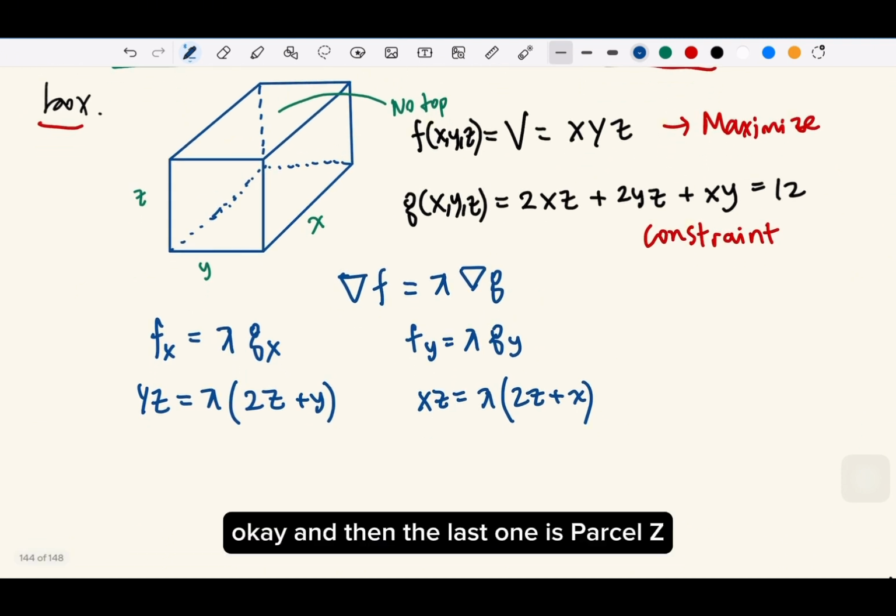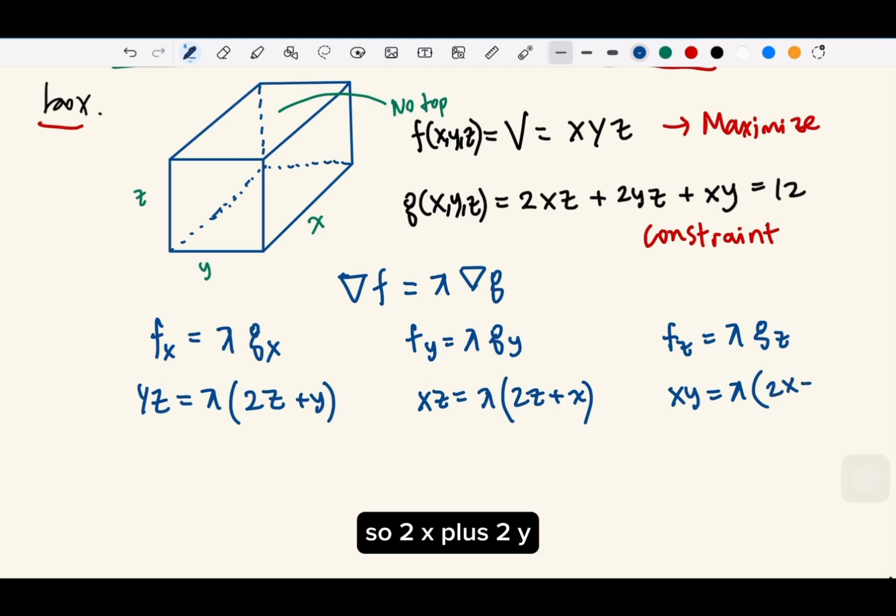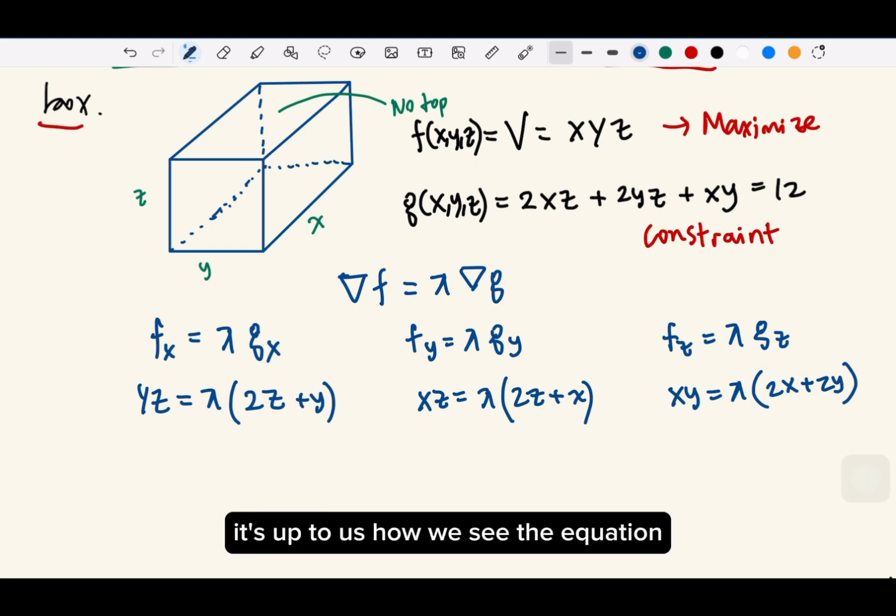Okay, and then the last one is partial z. This is xy, and gz is 2x plus 2y. So to solve these equations, it depends. It's up to us how we see the equations.